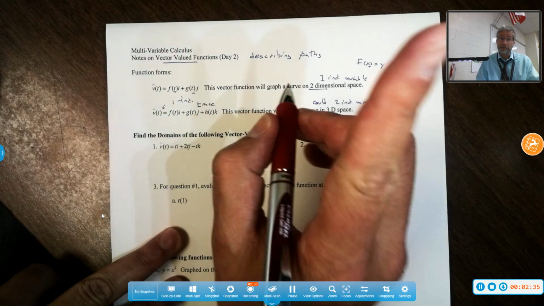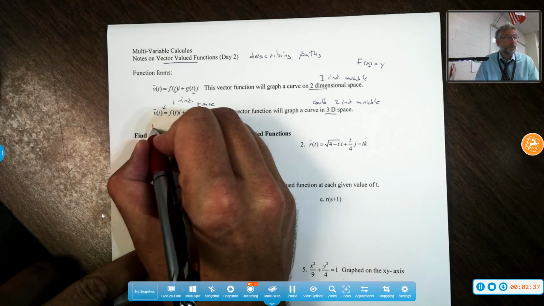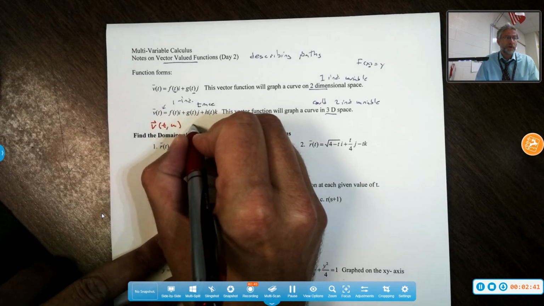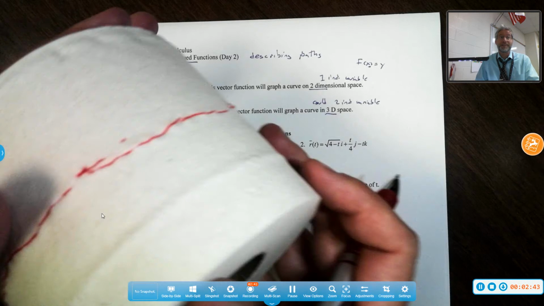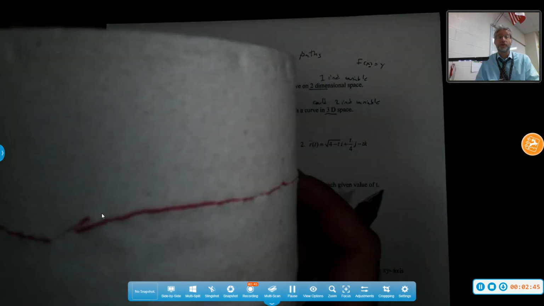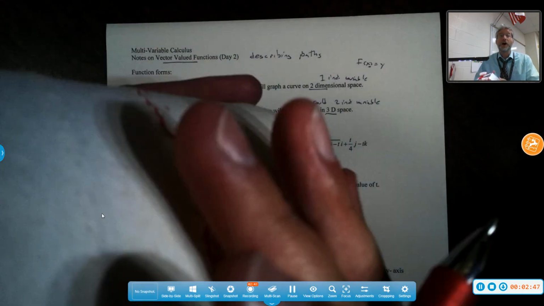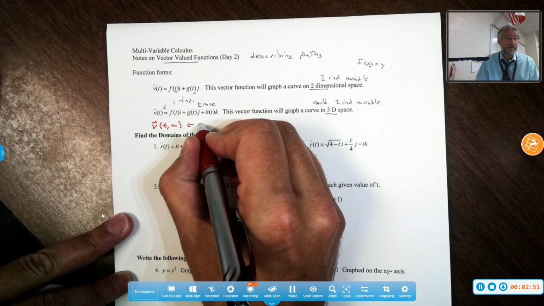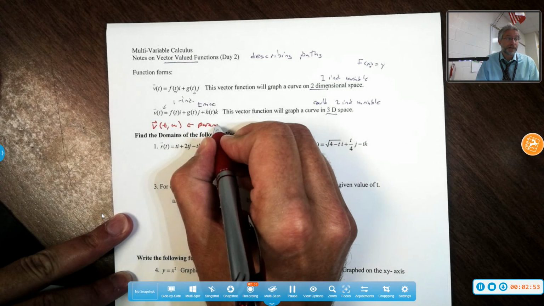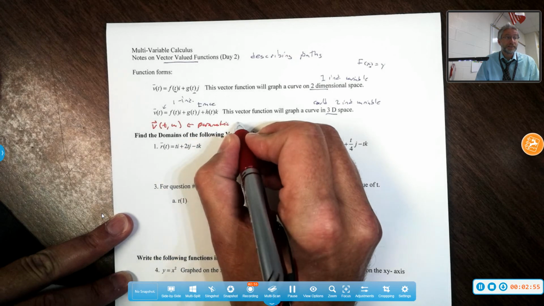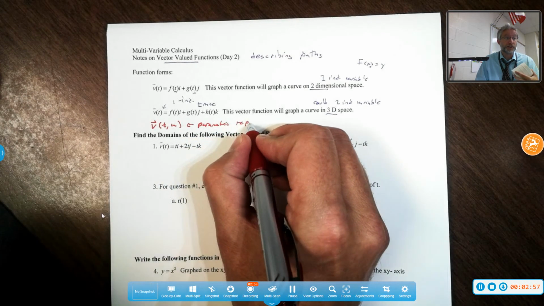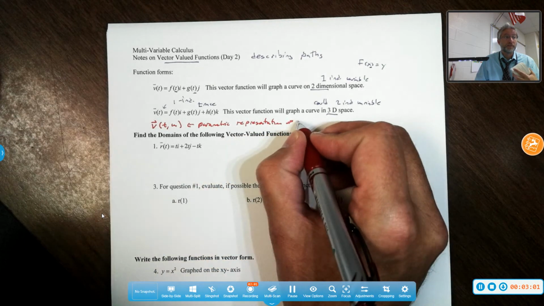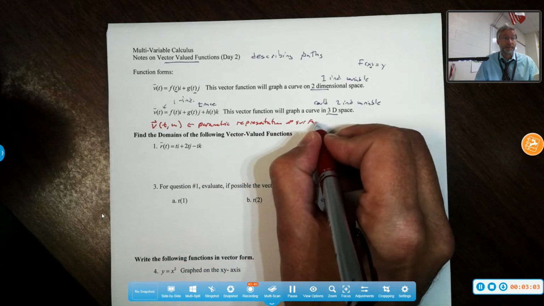Sometimes, and we're going to talk about this later today too, we may want to look at 2 variables, so we use t and u. Well, this is not a trace. This would be a vector or parametric representation of the entire cylinder, the shape of the function, or surface, I guess it's fair to say.